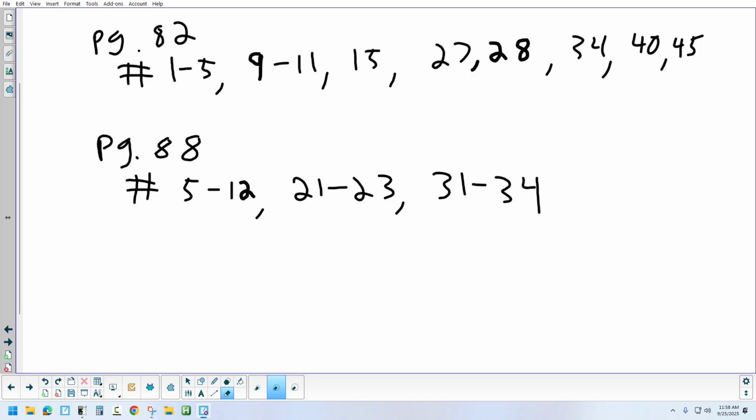So you do need a graphing calculator for most of it. Number 45 though, we're going to skip on this one. So just up to 40. And then on page 88, 5 through 12.